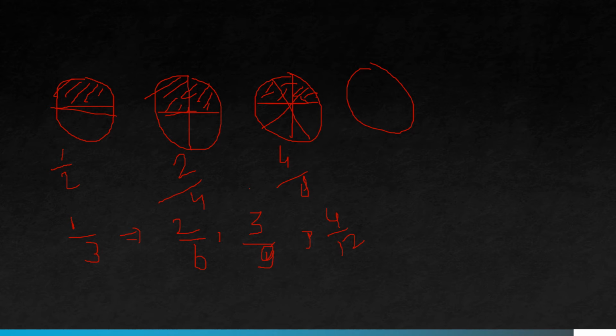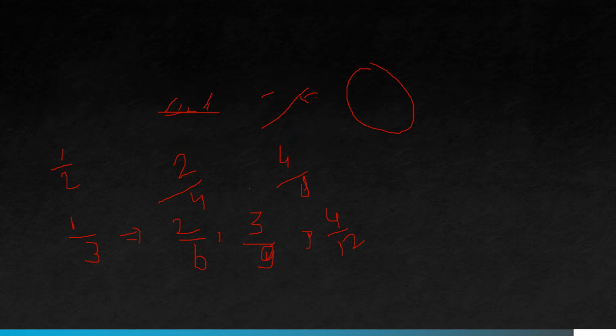Let's say if you want to write the equivalent fraction for 1 upon 5, so what you can do? What will be the next equivalent fraction? 1 upon 5, 2 upon 10. 2 upon 10 will be the next equivalent fraction.